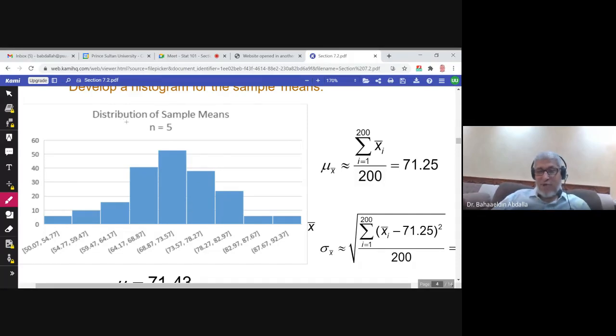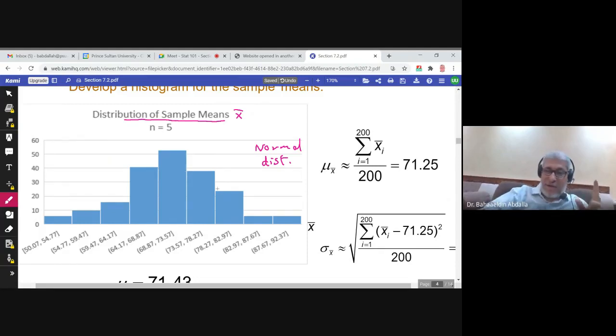This is the distribution of sample means, X bar, for n equals 5. What do you see? I see a normal distribution. This is approximately a normal distribution. So remember, the distribution of the population wasn't normal, while the distribution of X bar of size 5 is normal.